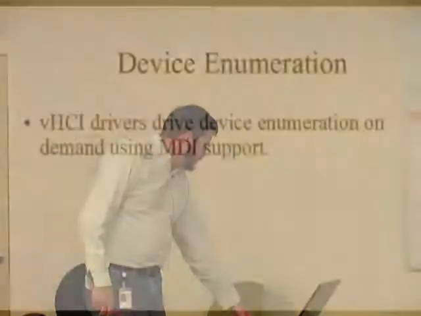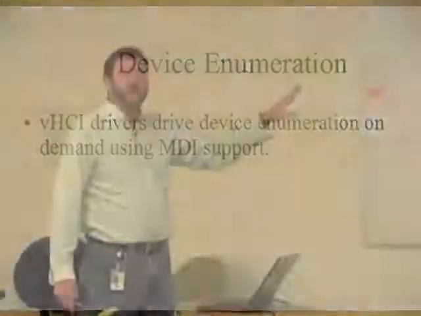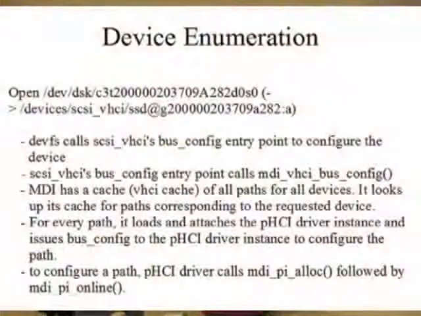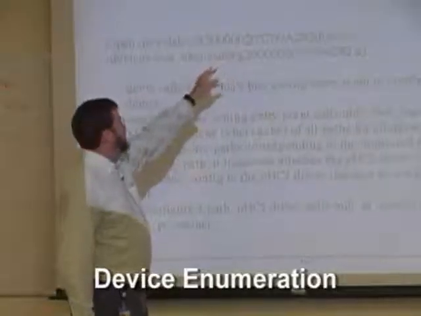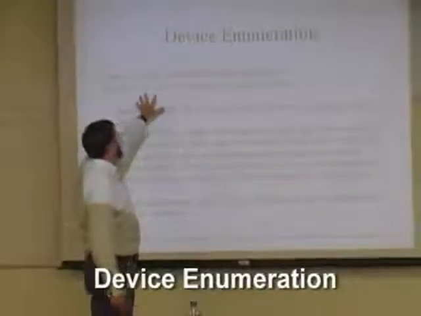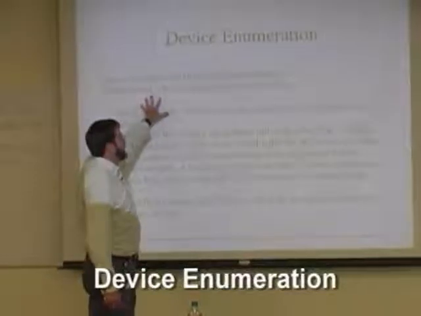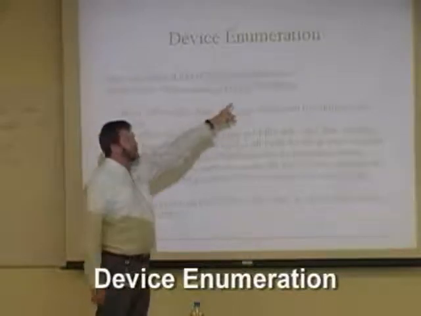Device enumeration. I just talked about how that is on demand with a cache. To take a VHCI path into the Nexus, what you would see is the DevFS file system at this level saying, I need to find a child called this.